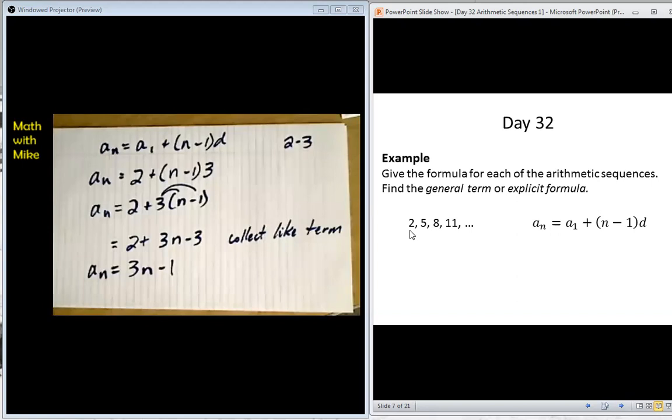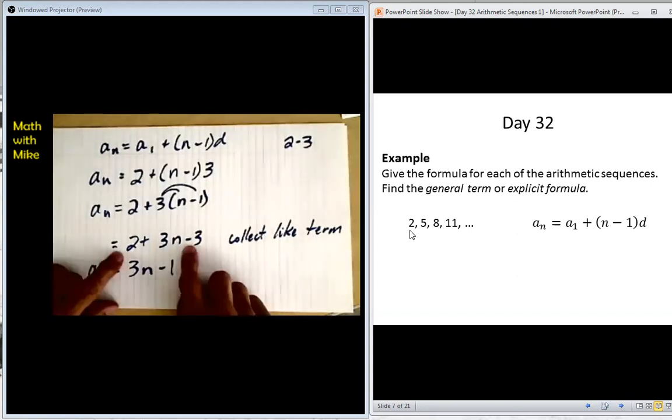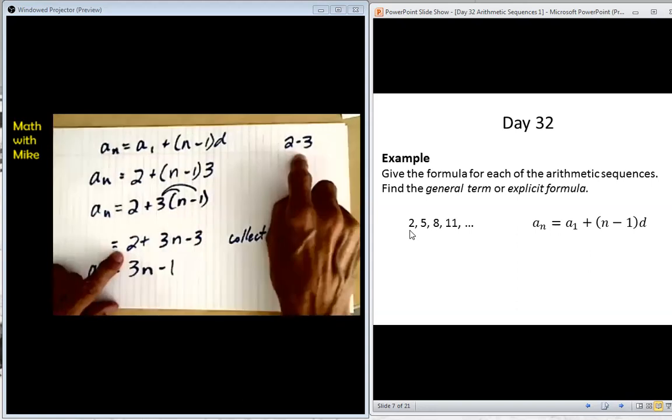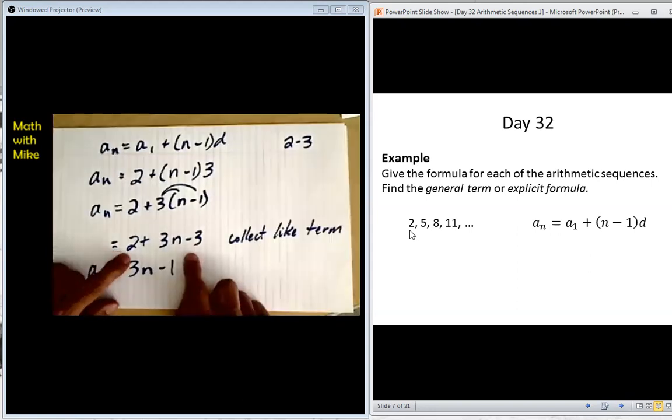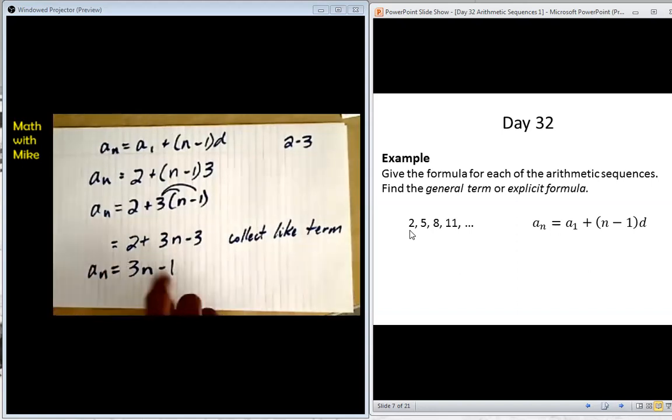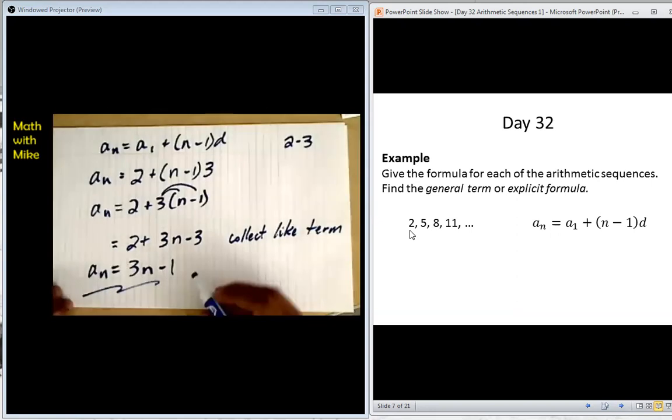Yeah, you're allowed as long as you keep the sign in front. Okay, so it's minus 3 that goes over there, right? So it's going to be 2 subtract 3. What do you get? Minus 1. What do you get? Final answer. That there is the general term or explicit formula.